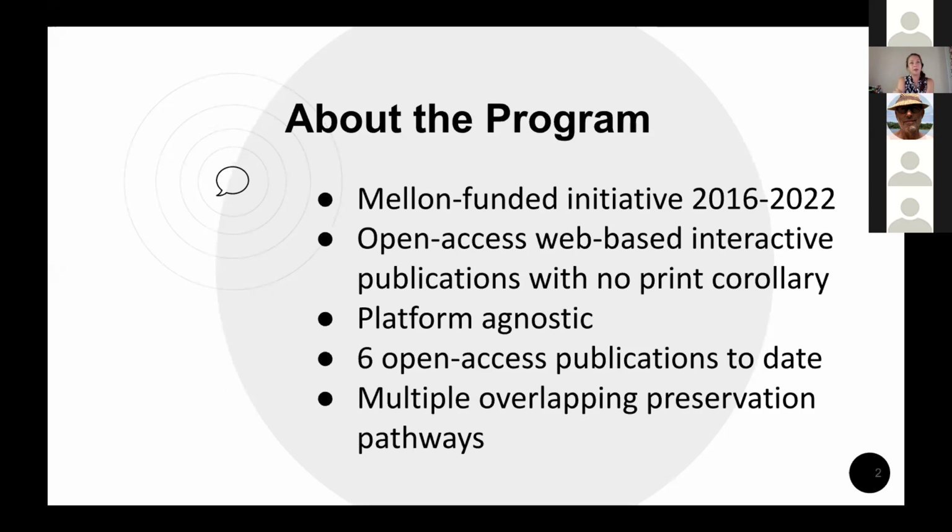It's a program for the University Press to publish open access, web-based interactive publications. The closest analog, I guess you could say, is just a website. They exist online. Anyone with the URL can navigate to those publications and interact with them. There's no print corollary, basically.